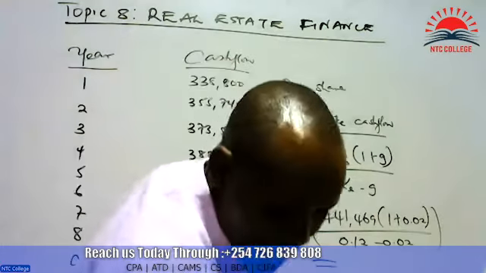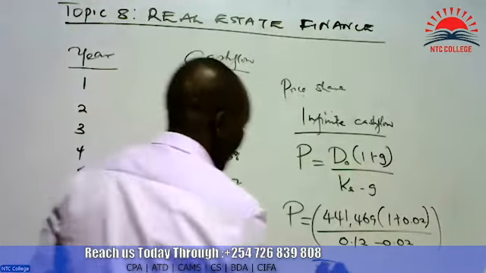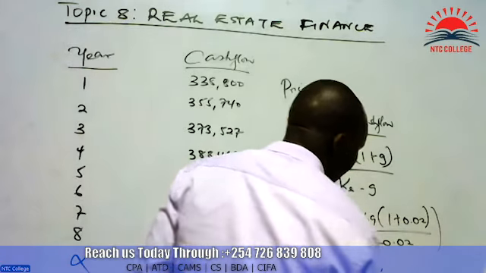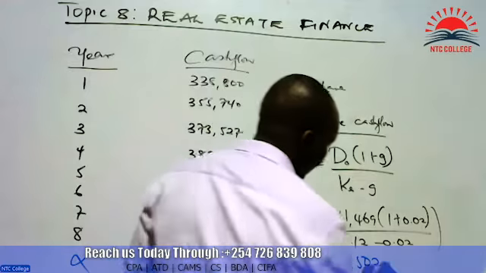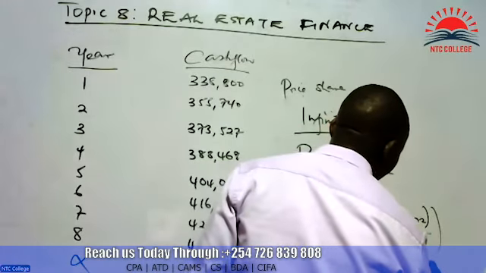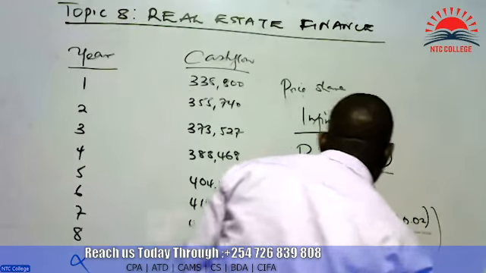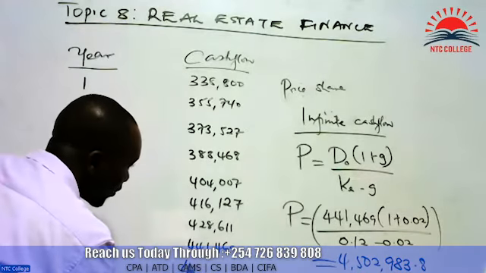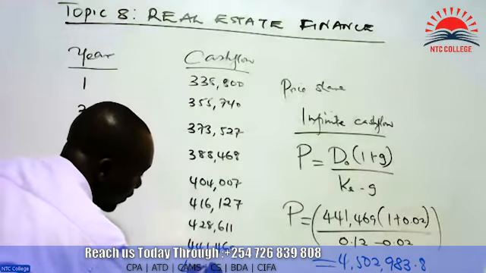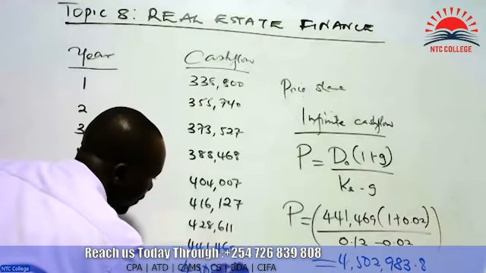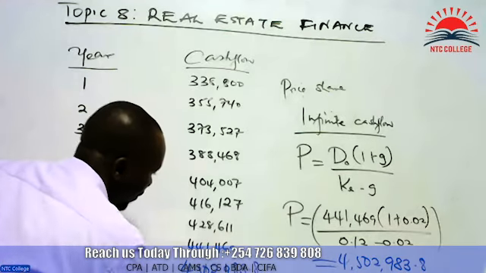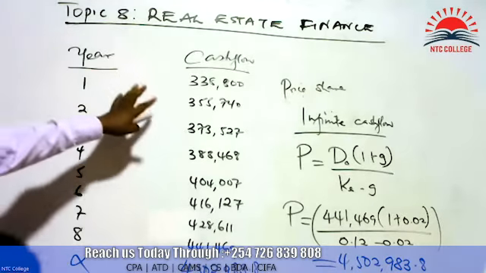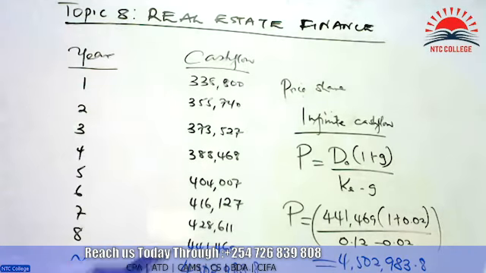Give me 4 million 502,000, 4 million 502,983.8. So that is the cash flow in perpetuity from year 9 when it keeps on changing. So you get a total here. So now that is the first thing that you do. You need to get the cash flow in perpetuity, and you simply use this formula.